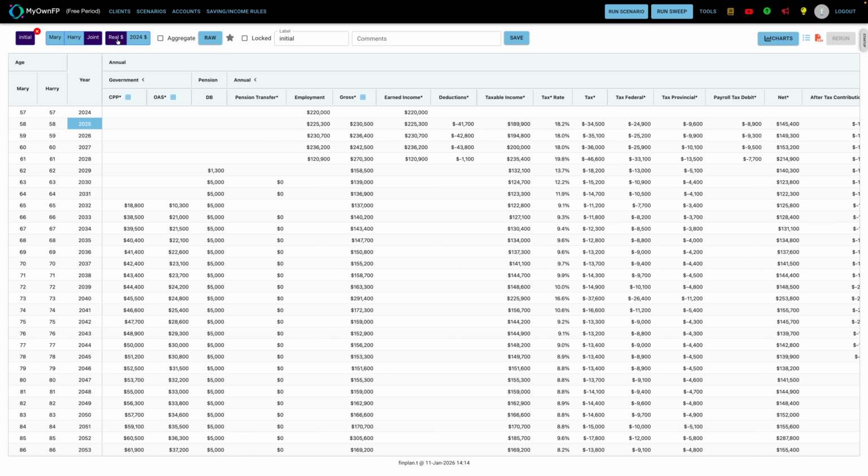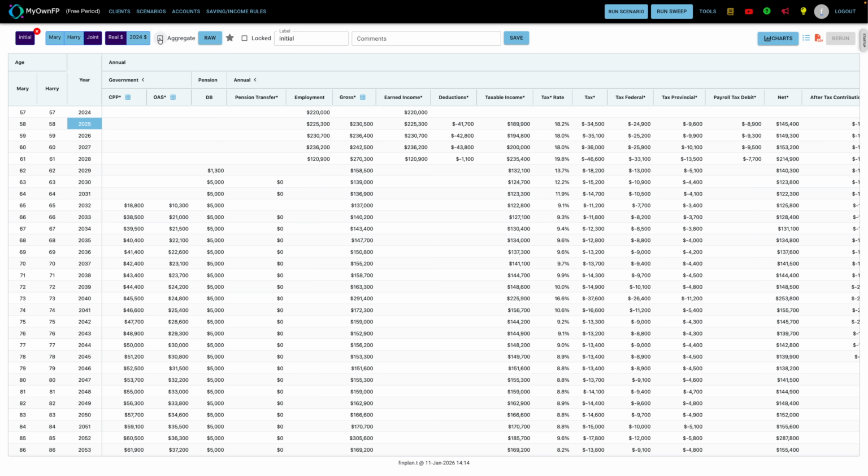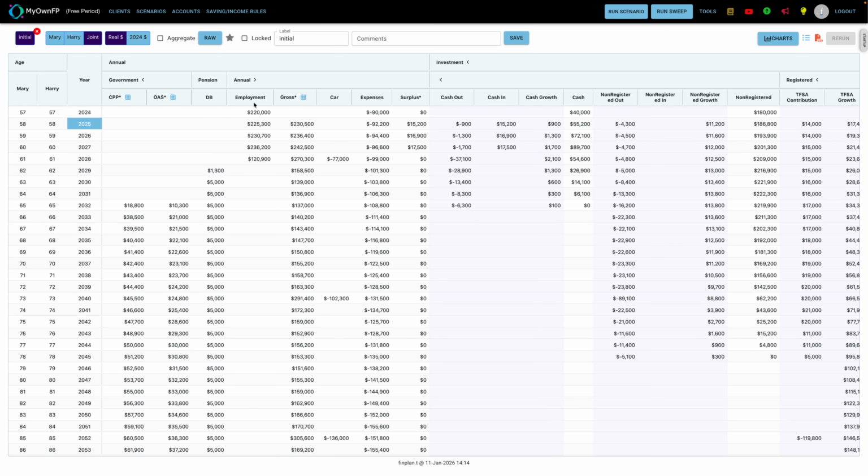So it'll be for joint, it'll be for real dollars, and all of that data would show up. If you wanted to do one for Mary, one for Harry, one for real, one for 2024, one for aggregated, then you'd have to pick all those different things. So it does one at a time and downloads that as a CSV file. Okay, so that is the main part of the grid.